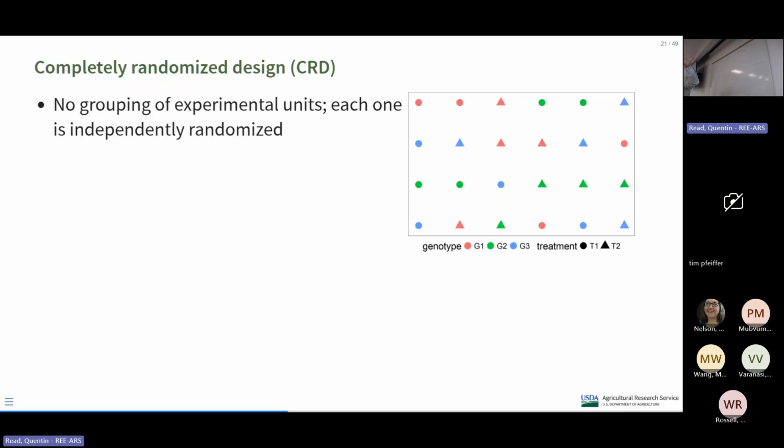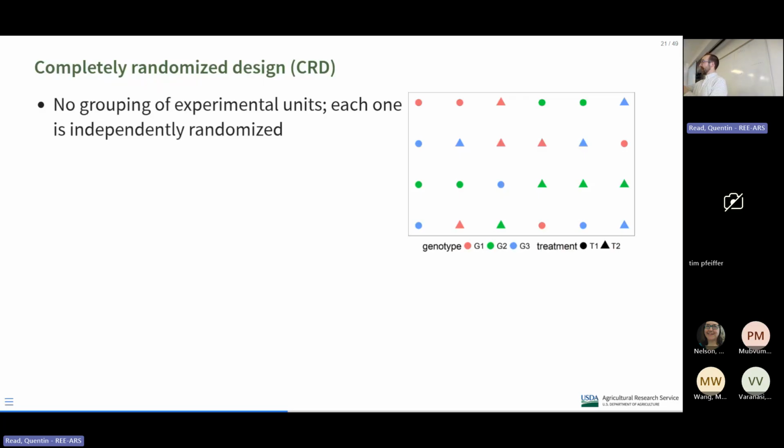And let's say they're plots of land that are spatially laid out in a 6x4 grid. CRD would mean, for any one of those 24, there's a perfectly equal chance of it being assigned to any of those 6 combinations with no structure. So yeah, you could have a randomization where all of the ones from one combination are over on the left or whatever. That's certainly possible.